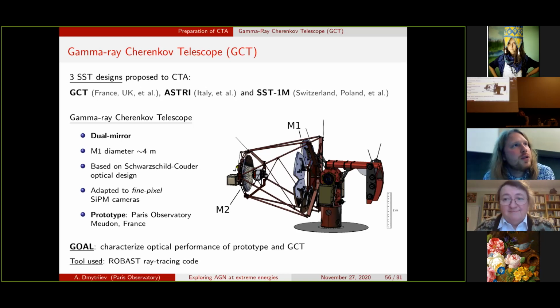We want different operational modes, a lightweight structure camera, and easy, quick maintenance, because these telescopes are small. You don't need special equipment to access the camera or other details, so it can be quickly replaced or corrected if needed. So there is much more flexibility.